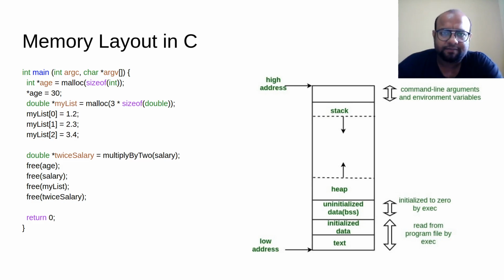I think I have given you sufficient motivation to use heap. At certain times we may not know beforehand the amount of memory that I am going to use, so at that time I have to use heap. So this is what I have, the heap memory.